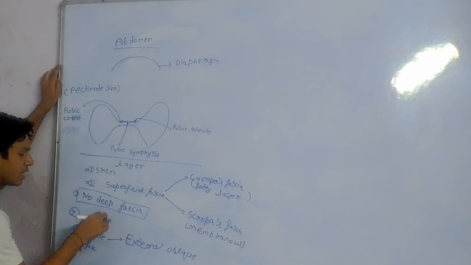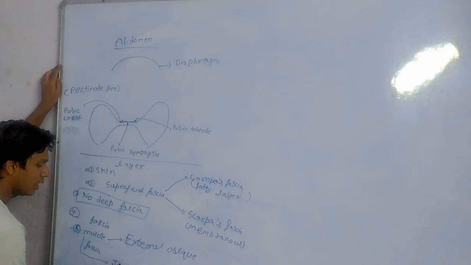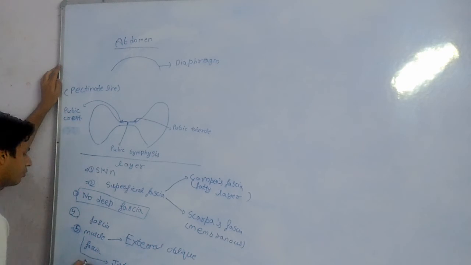Fascia present outside muscle and inside muscle. Then second muscle that comes is internal oblique. Then again fascia. These fascia are not much developed, but again a third muscle comes.